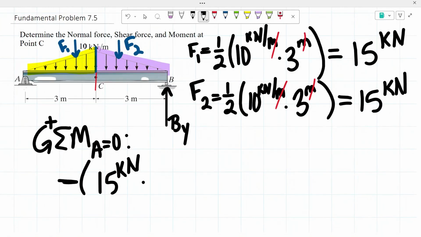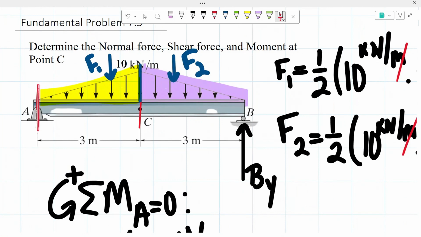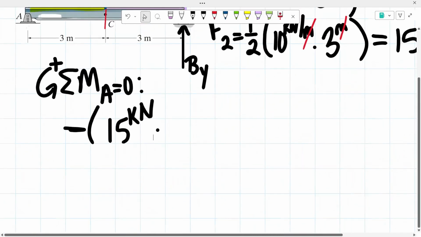And now for the distance, since our point A is on the lowest point of our right triangle, from our lowest point to our force, we said it is 2/3 of the triangle. So 2/3 of 3 meters is 2 meters. So we know that distance would be 2 meters.